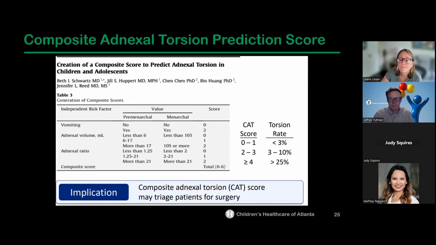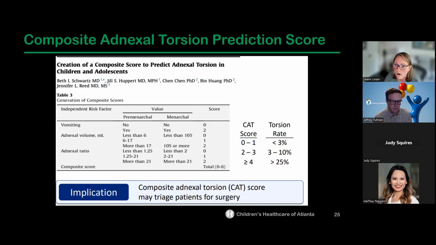But what we are doing at our institution and other institutions is we're using a composite adnexal torsion prediction score. And this is actually an article from Cincinnati where they developed this score. And they used 3 factors that go into the score.